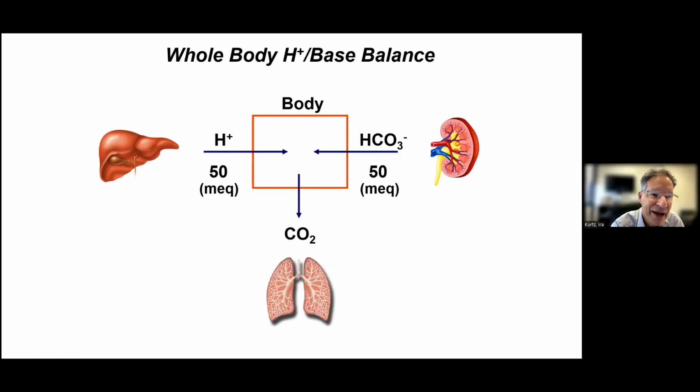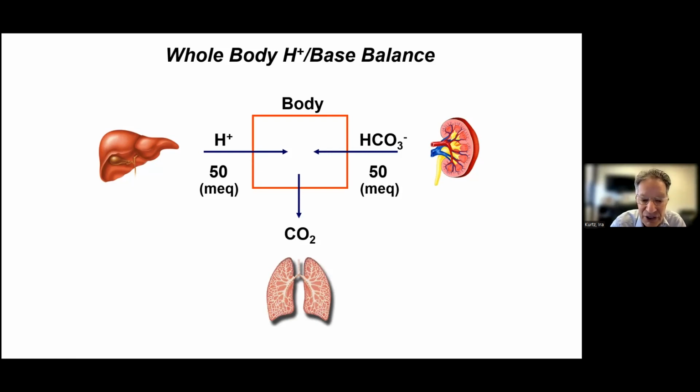So we have this system where protons come in, the kidney generates the sufficient amount of new bicarbonate if it's functioning normally, and carbon dioxide is made. Now, there are diseases that affect the kidney's ability to make new bicarbonate, and we end up with a metabolic acidosis. And one that you'll be very familiar with is CKD or ESRD. The reason you get a metabolic acidosis in CKD and ESRD is one reason only.